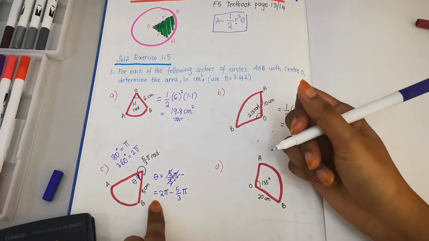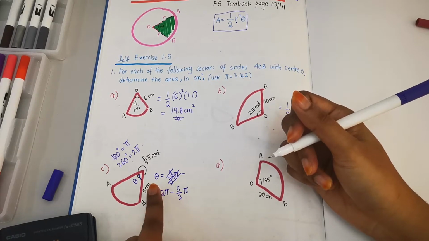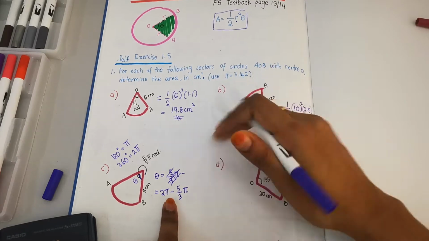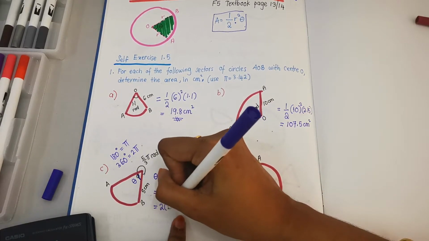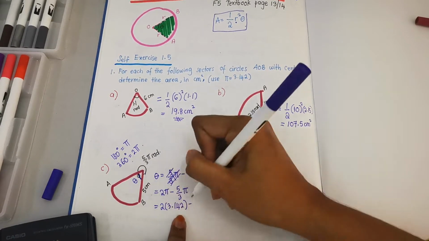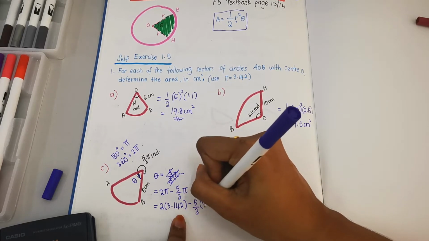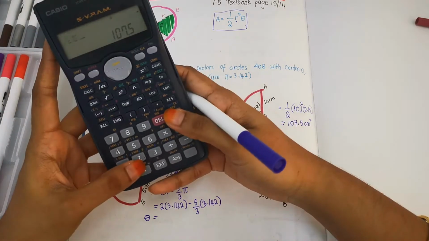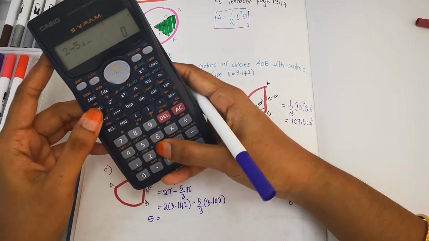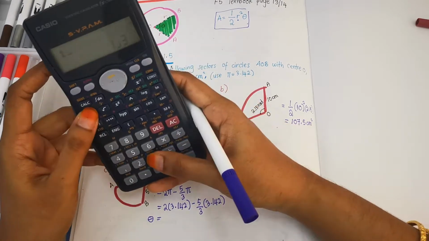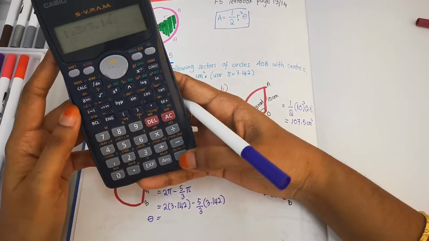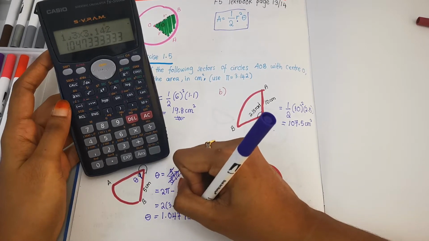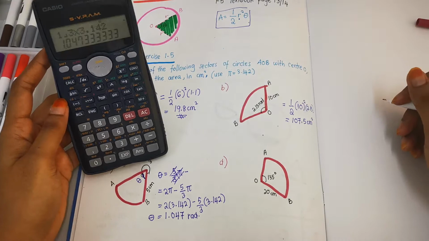You can key in or substitute pi as 3.142, because that's what we are asked to use. Let's find theta first: 2 minus 5 over 3, times 3.142, and you will get 1.047 radian.